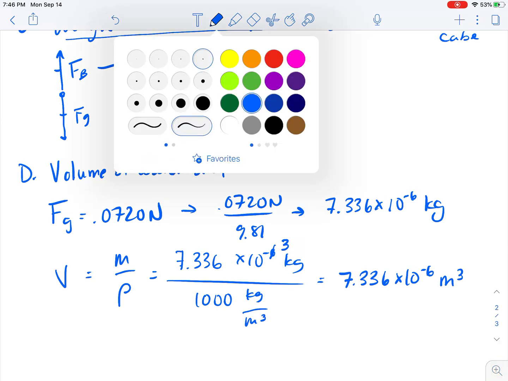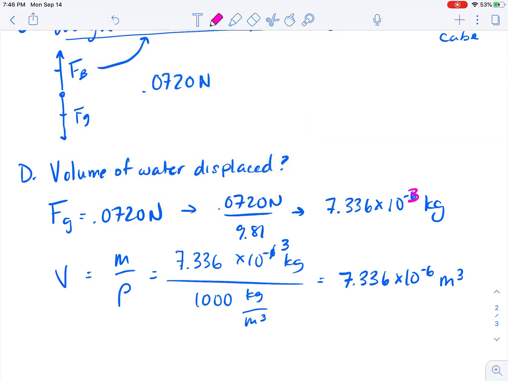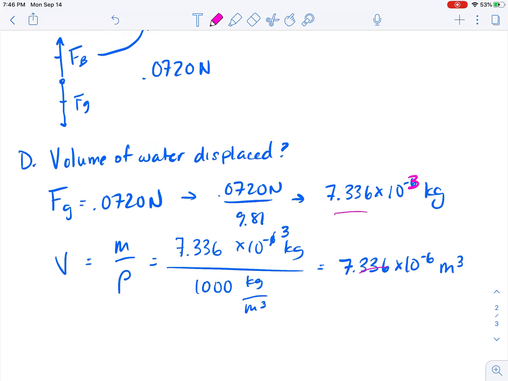Since the density is always a multiple of 1, these numbers match up.